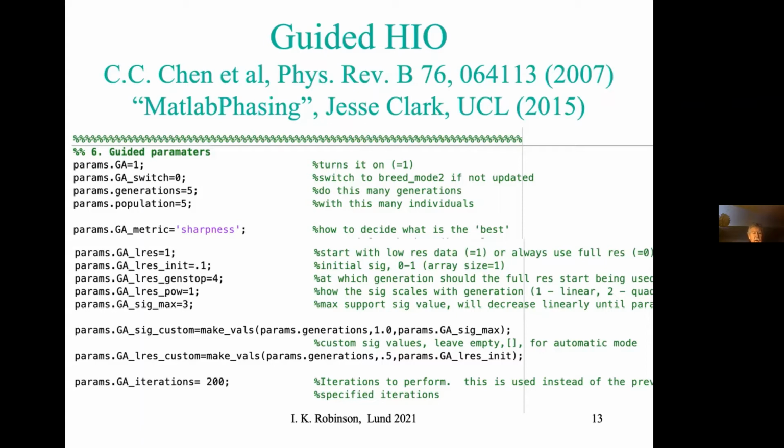And so the way Jesse built it in was to put in that every generation, he increases the radius of the data which is included in the reconstruction until after 4 generations it uses all the data, and so it gives you hopefully the best solution. But the idea there is by using low resolution data you have fewer local minima, and so you can find the best one more easily.